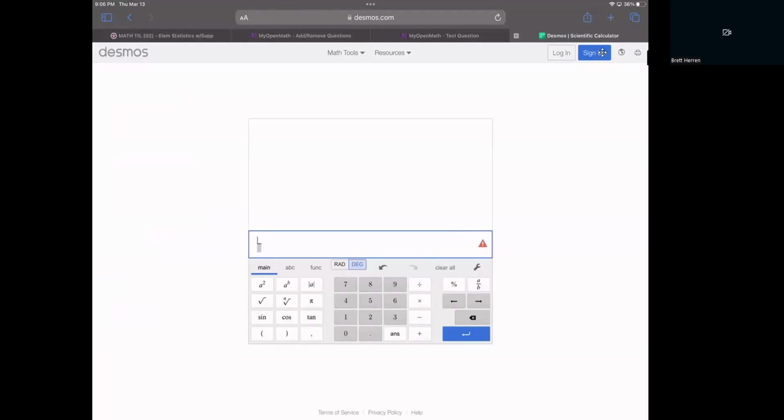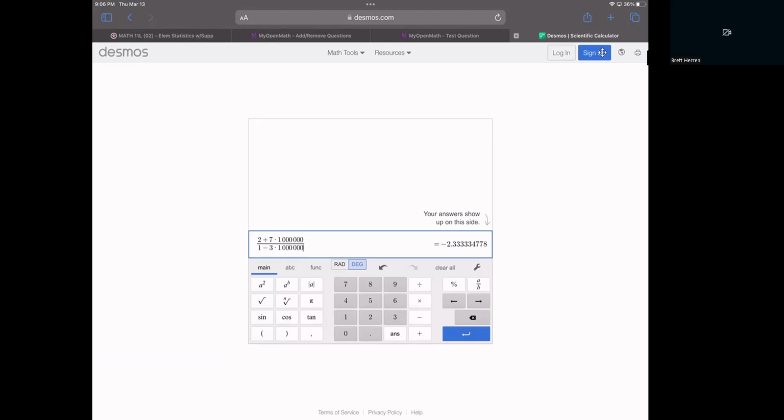And I'm going to put in like a million. 2 plus 7x, here's going to come the million, 1, 2, 3, 4, 5, 6. There we go. Over 1 minus 3 times a million, 1, 2, 3, 4, 5, 6.